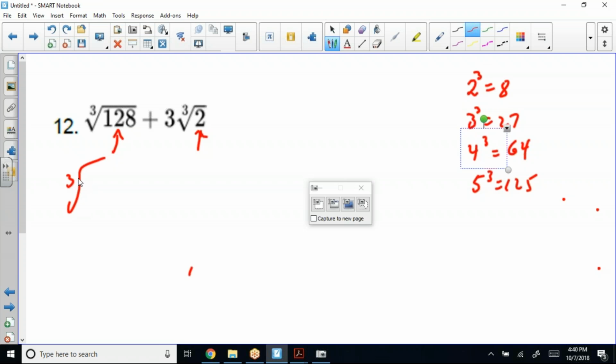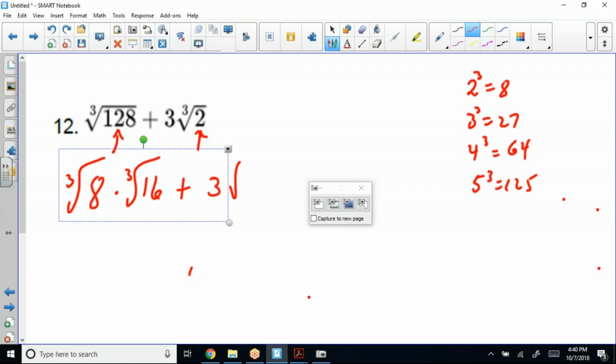So I could say the cube root of 8 times the cube root of 16 plus 3 times the cube root of 2. Well, we know that the cube root of 8 is 2, right? So that's 2.